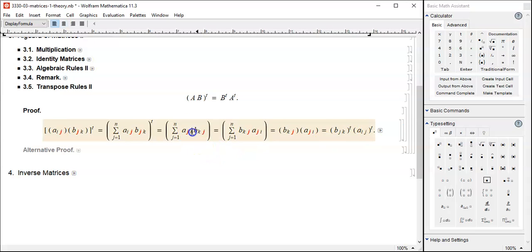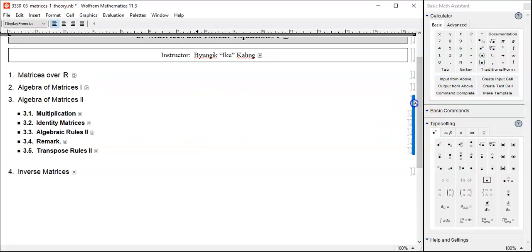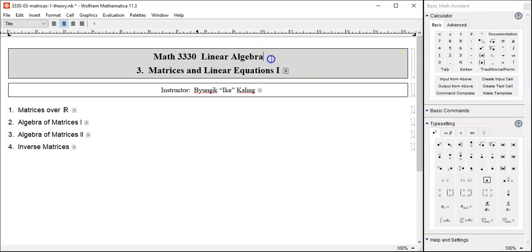We flipped over here, but that prompted us to change the order of multiplication because we have to get the correct structure of those indices. And then once we got matrix multiplication again, we can note that this is a transpose again. That completes the proofs of all these, and I covered them as quickly as I can.